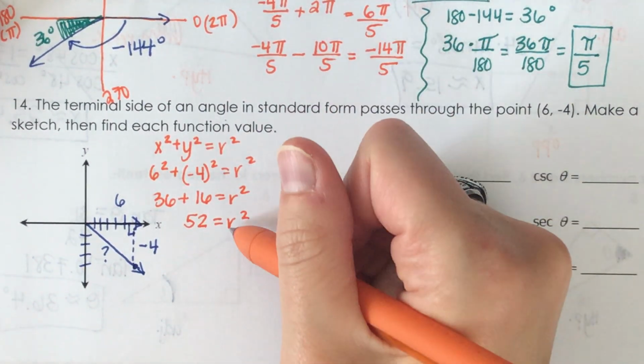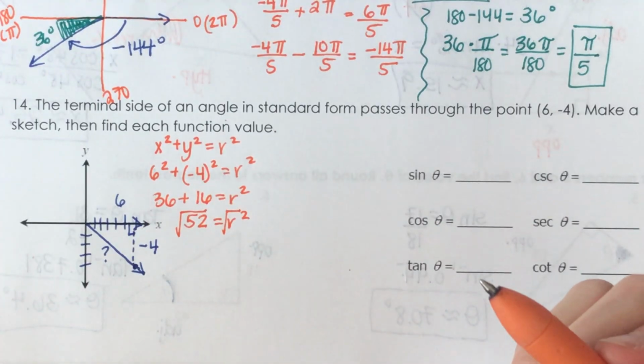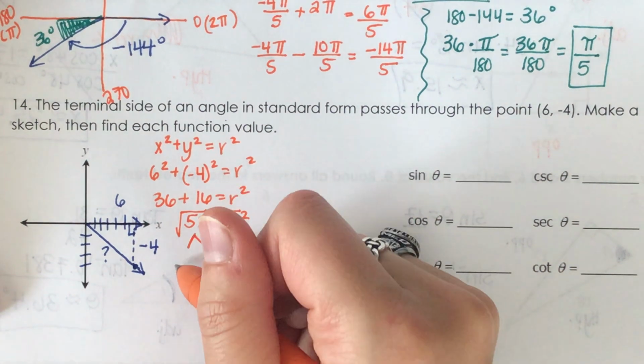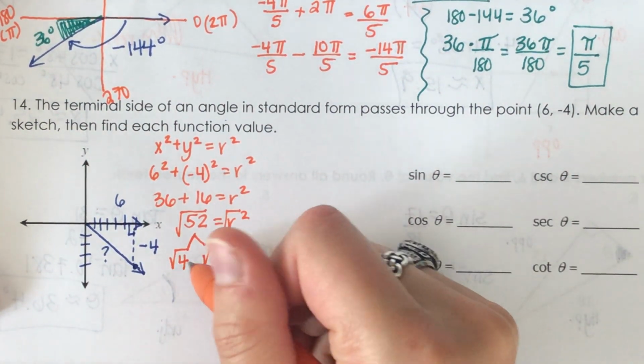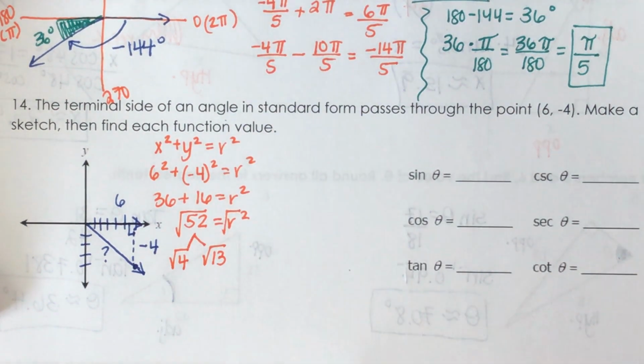And then to get the r by itself, I'm going to square root it. Well, 52 is not a perfect square, but I can break it down to be a perfect square times another number. So I can do 4 times 13 gets me to 52. And I know that 4 is a perfect square.